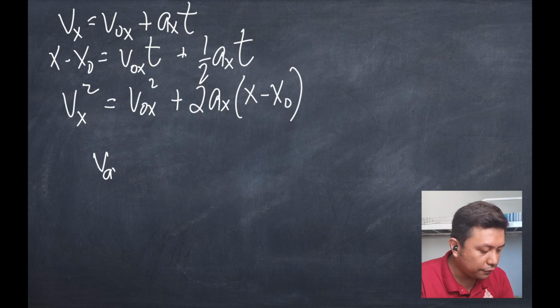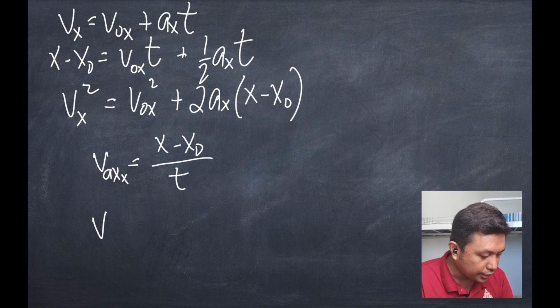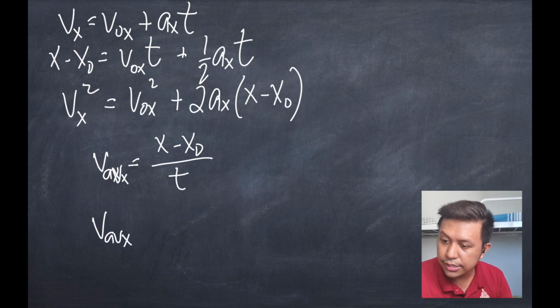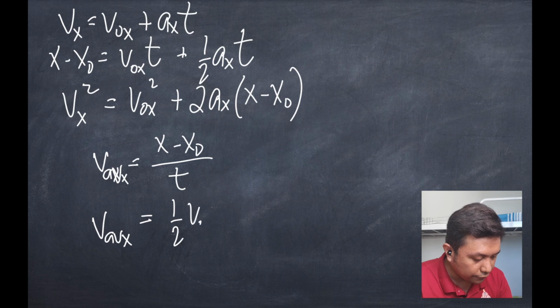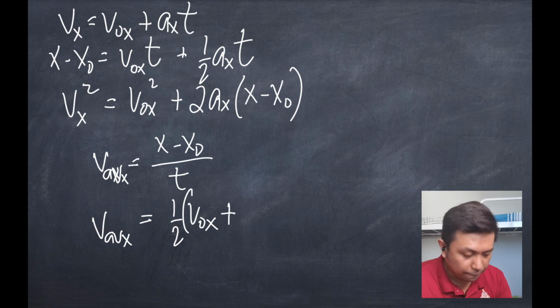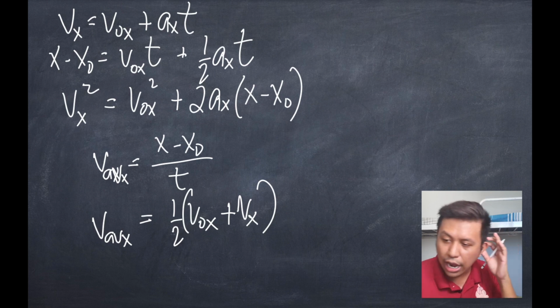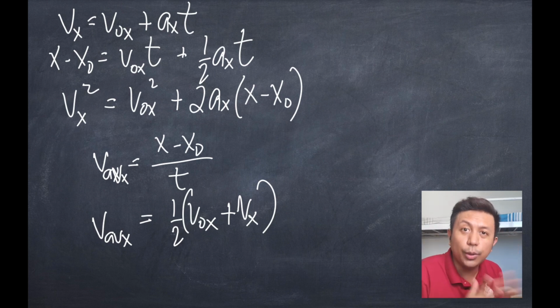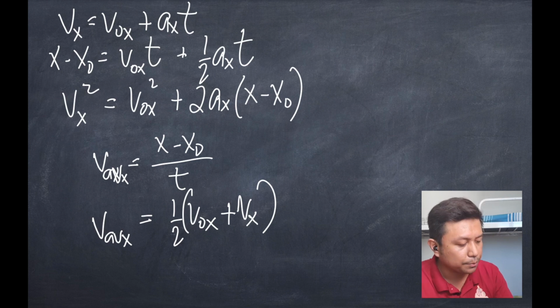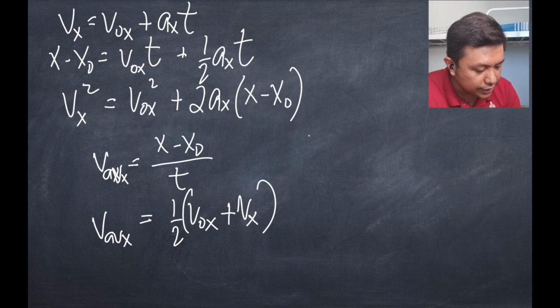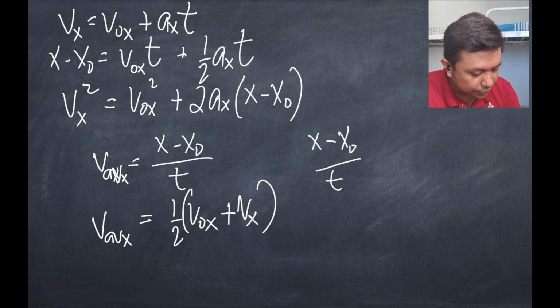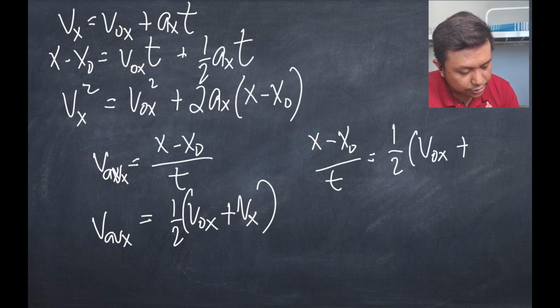So v av of x is equal to x minus x naught over t, and v av of x is also equal to 1/2 times v naught of x plus vx.